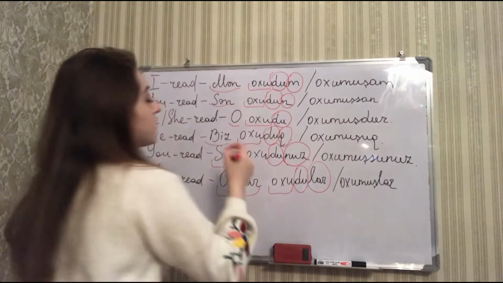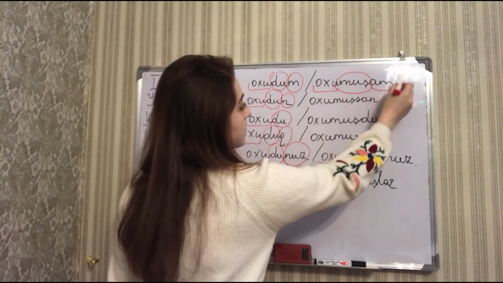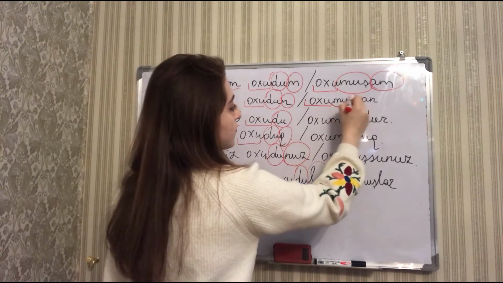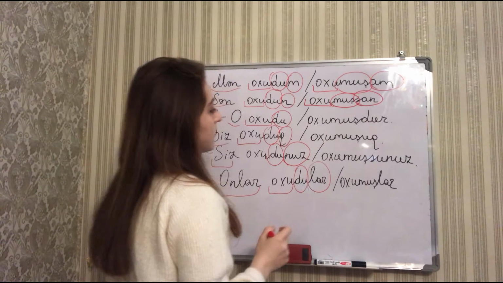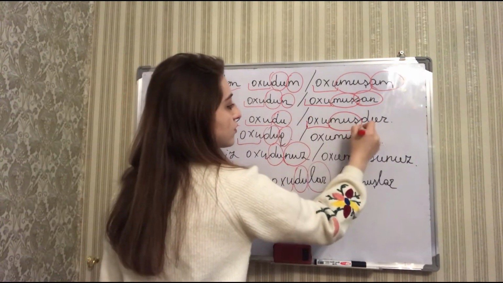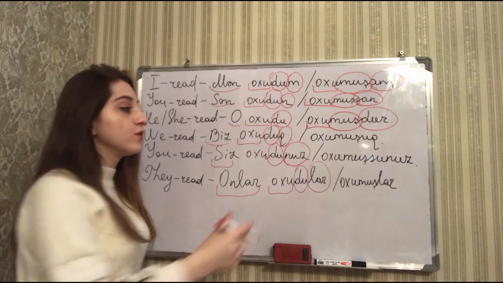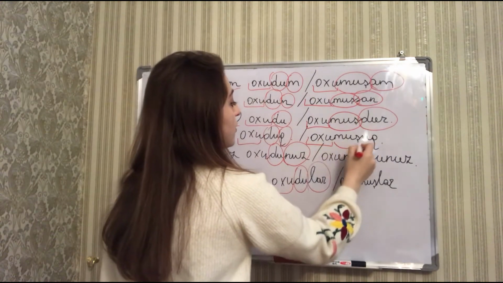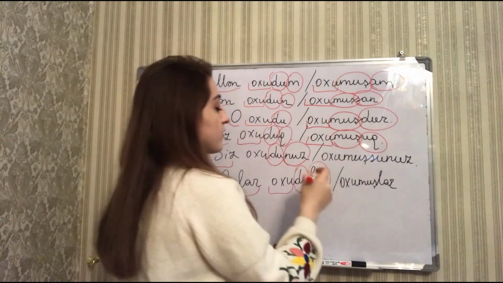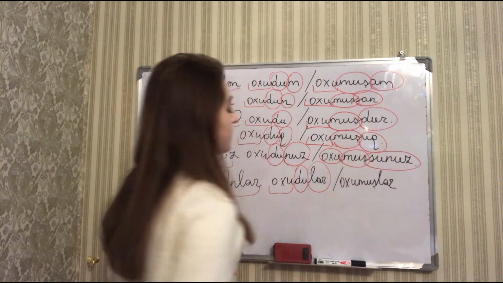Okay, so ben okudum, ben okumuşam. Sen okudun, sen okumuşsan. O okudu, o okumuştur. Biz okuduk, biz okumuşuk. Siz okudunuz, siz okumuşsunuz.